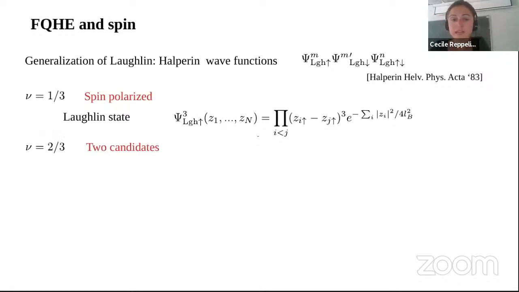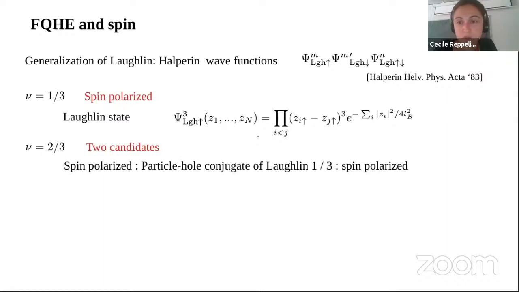And I want to look at the ν=2/3 filling fraction, because it's quite interesting and it's going to be helpful for the rest of the lecture. Because here you have two main candidates. Maybe the simplest thing you can think of, if you just know the Laughlin wave function, is to do a particle-hole conjugation. That's still going to be a spin polarized wave function.